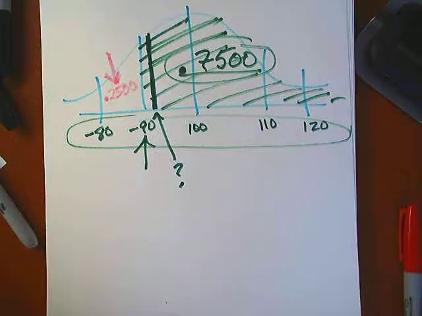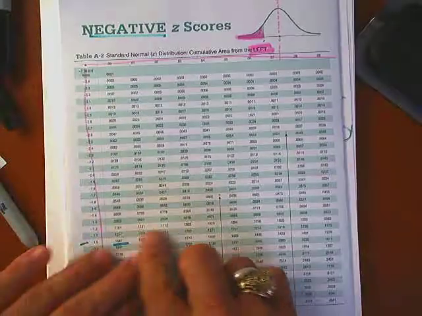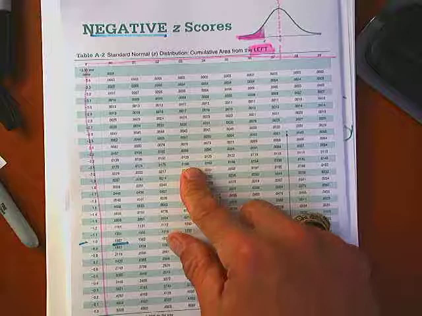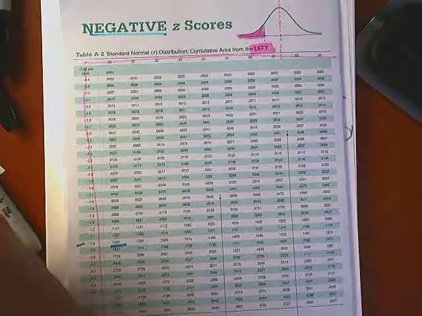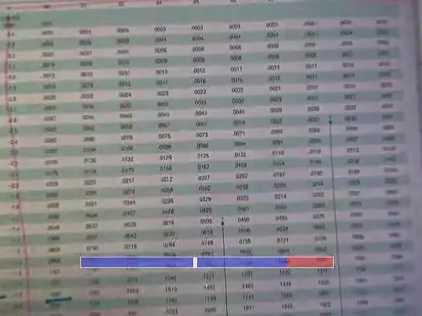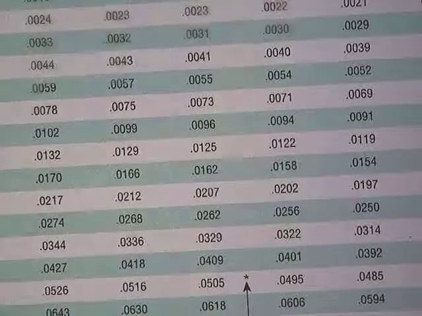Okay, Hubert, 75% greater means 25% on the left-hand side, because the table is going to give us that. Yes, that's right, class. So we've got to find the z-score that corresponds with 0.25 area. What do we have to do first, Hubert?